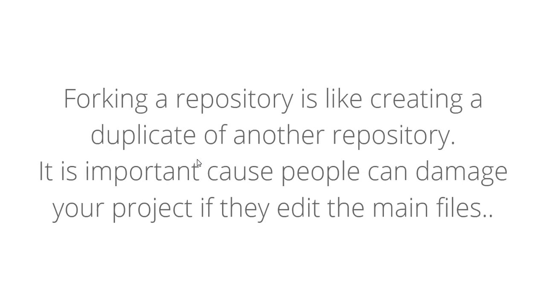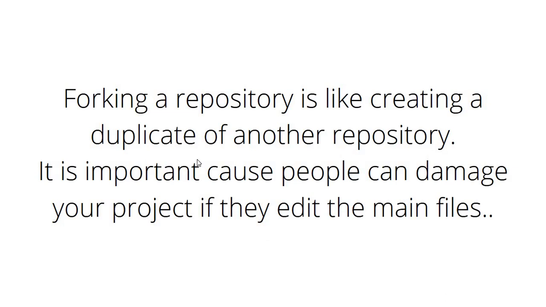Next thing is fork. Fork or forking is creating a duplicate of another GitHub repository. Duplicates are made because if we make certain changes in the main repository and those changes were not to be made, then it will be affecting a lot.